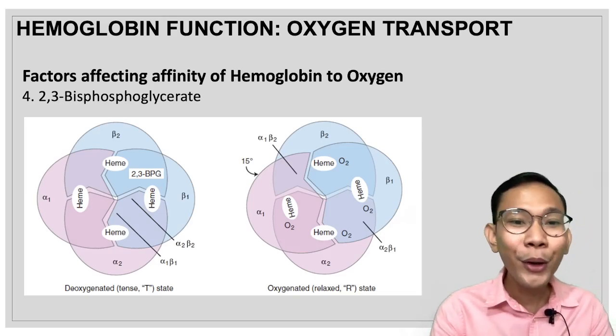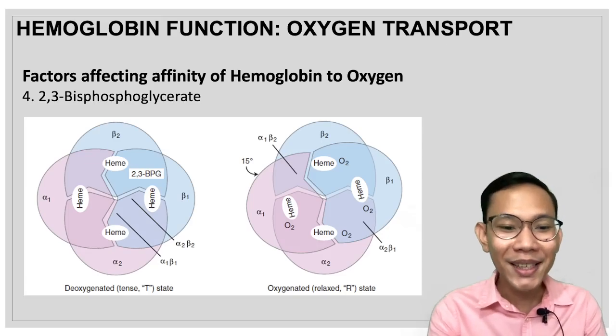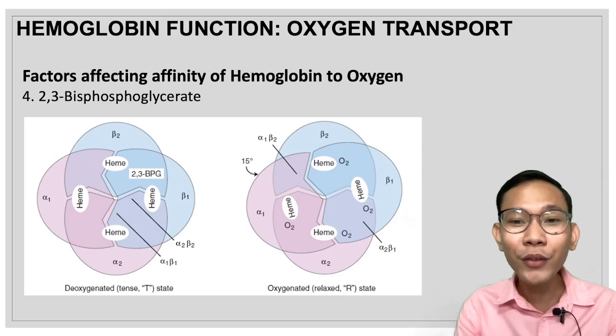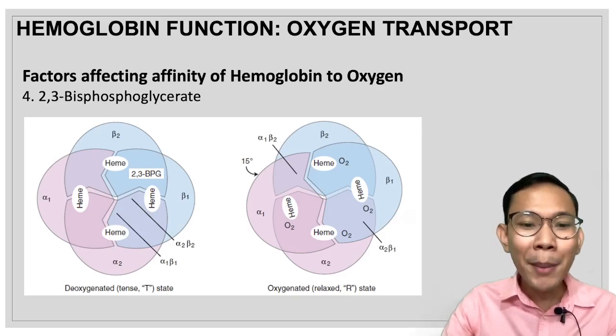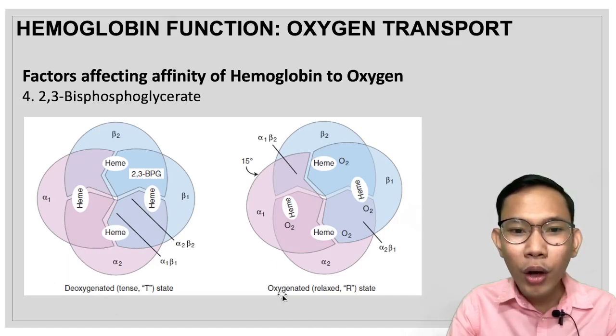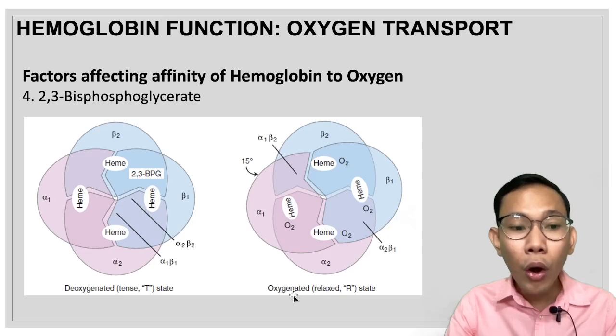Next, we have another factor, the presence of your 2,3-BPG, or 2,3-bisphosphoglycerate. So, Doc, paano siya makaka-affect sa affinity of hemoglobin to oxygen? Remember, we have deoxygenated hemoglobin and oxygenated hemoglobin. Deoxygenated is the tense or T state.